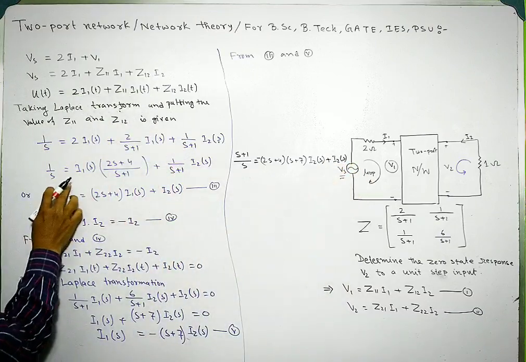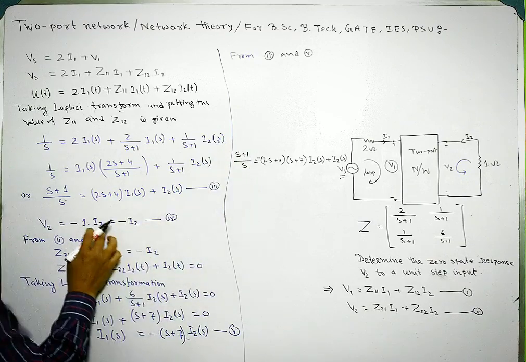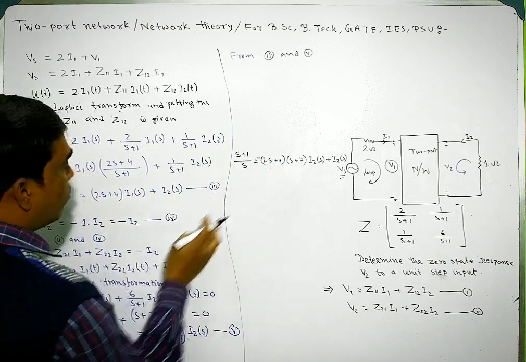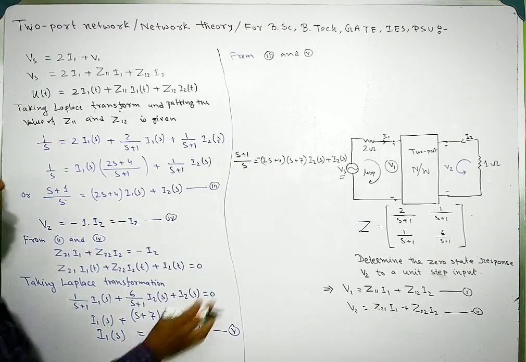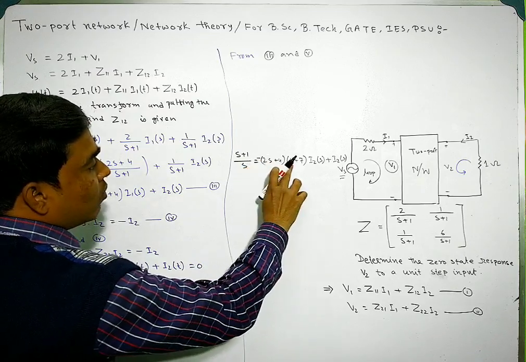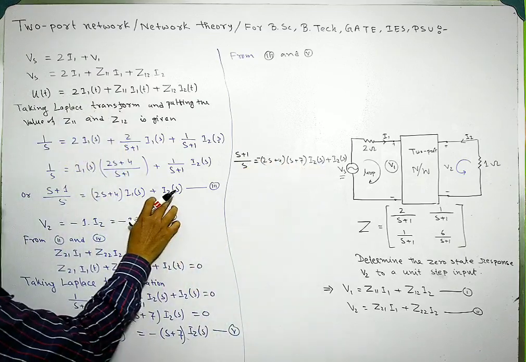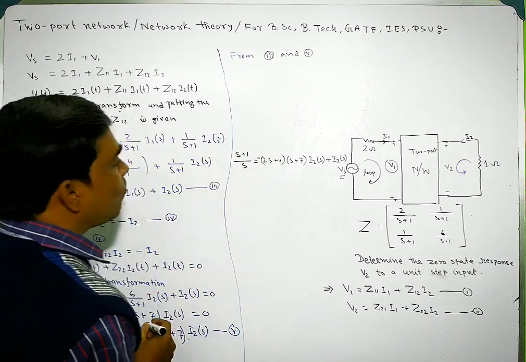So this is (s plus 1)/s equals (2s plus 4) times minus (s plus 7) I2(s), plus I2(s). This is the equation.